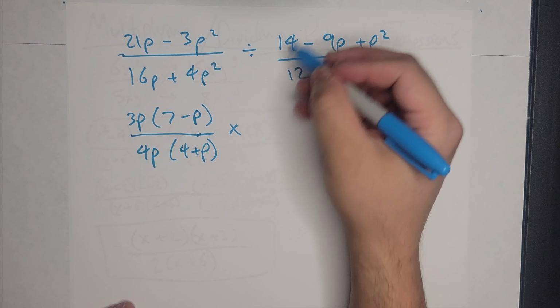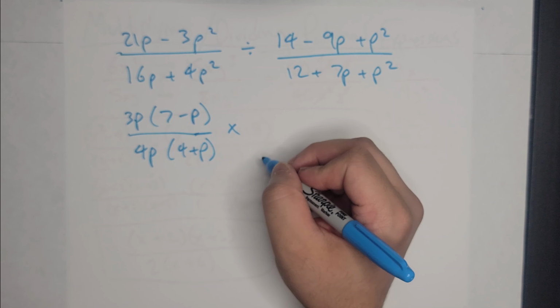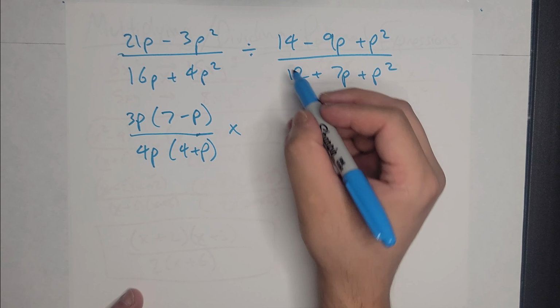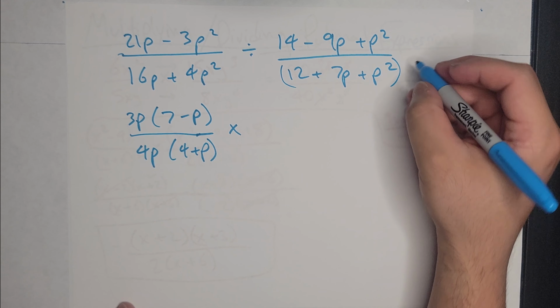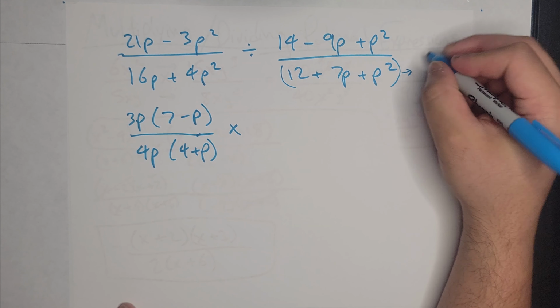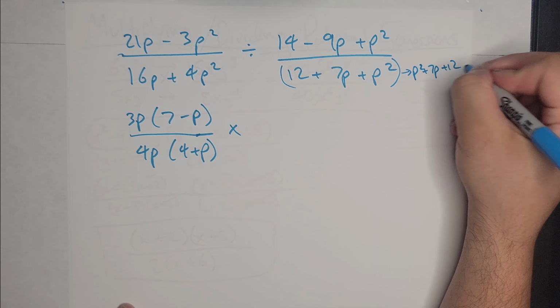And now we're going to flip this around to multiply. So in the numerator, I'm going to have this, but if I was to factor that ahead of time, that's the same as writing p squared plus 7p plus 12.